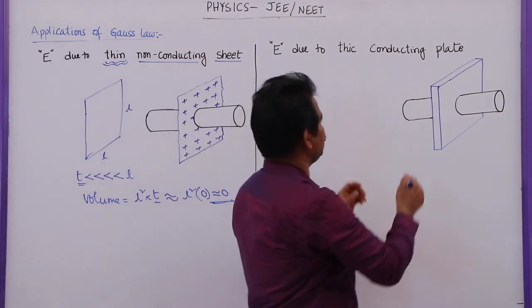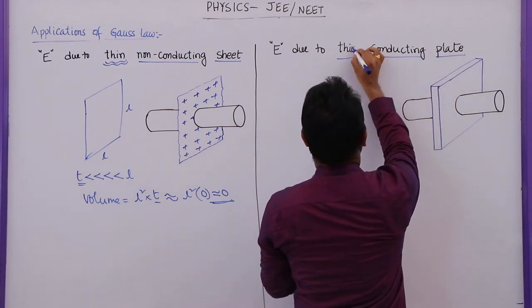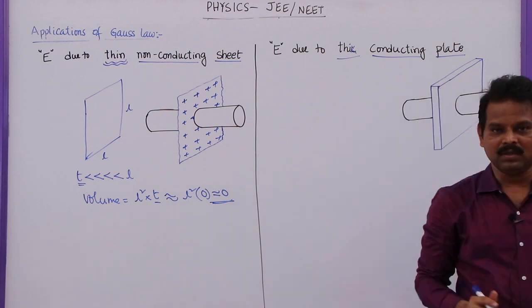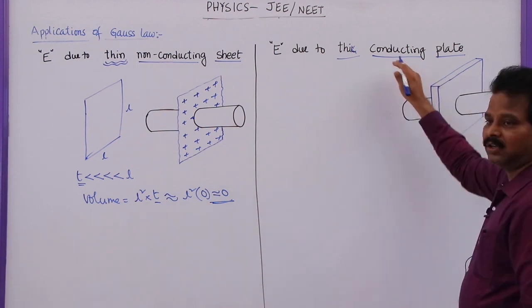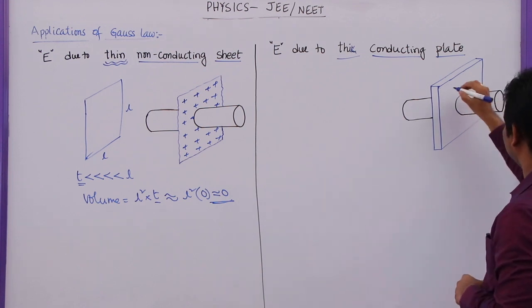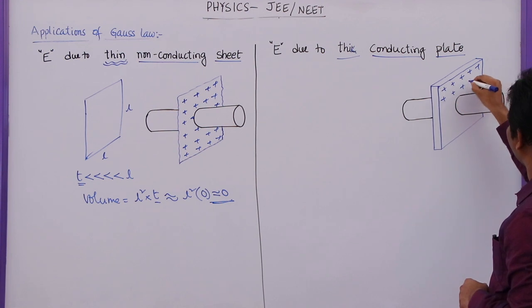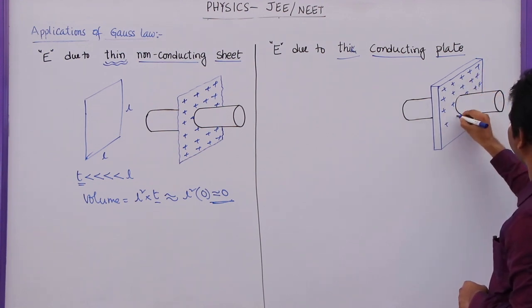Here, if you take the conducting plate, this is a thick conducting plate. As it is a conducting plate, the charge will spread only on the outer surface, not within the volume. So this is uniformly distributed like this.